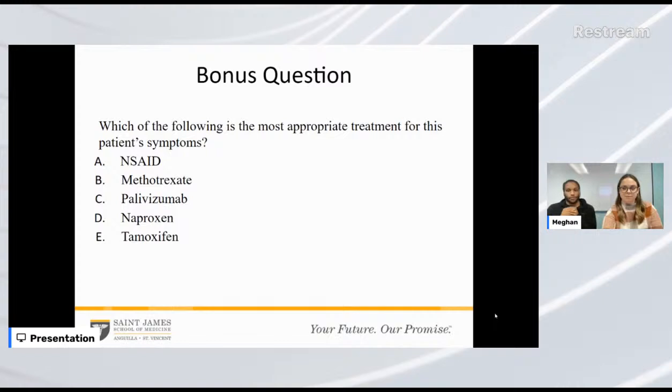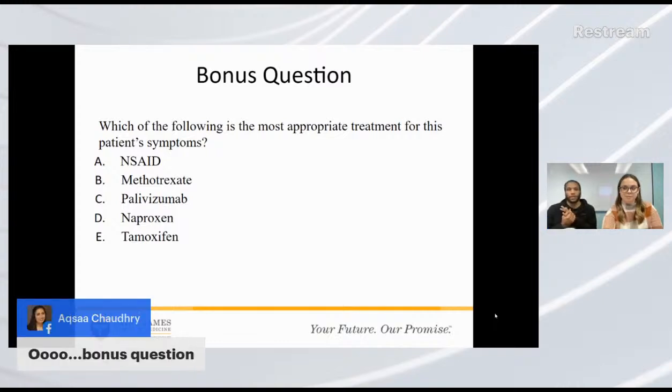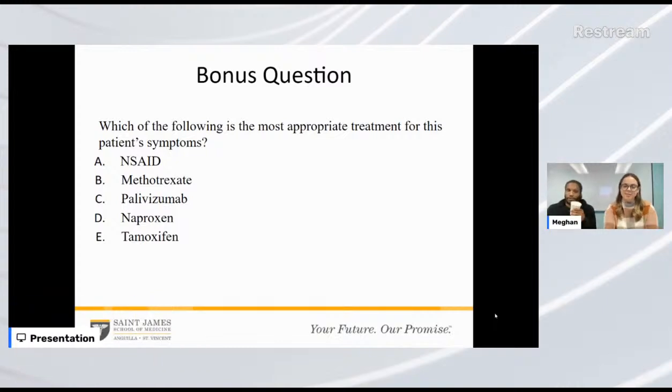So what would we want to give this patient? A, NSAIDs, B, methotrexate, C, palivizumab, D, naproxen, or E, tamoxifen.